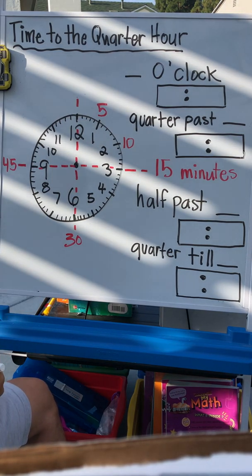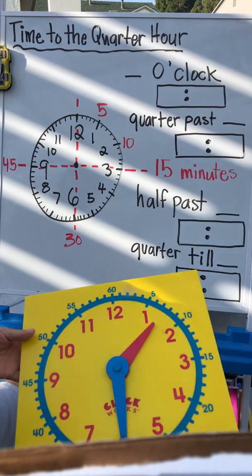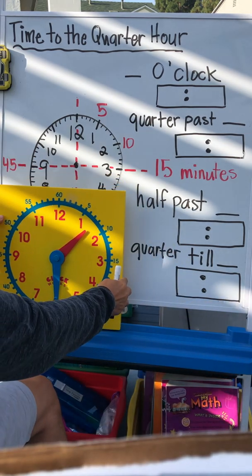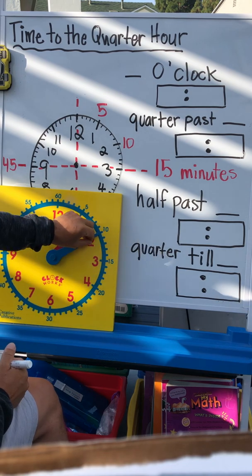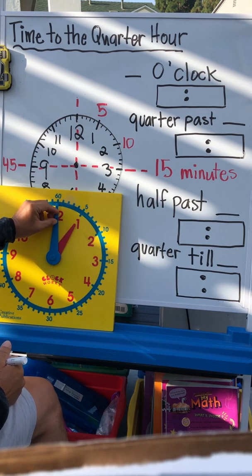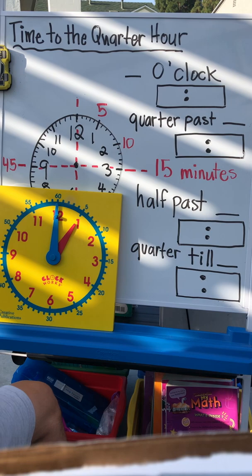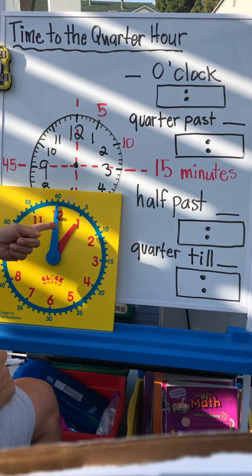So if someone asks you, let's use our clock now. Okay? So let me move my clock to, what time does that say? You're right, that's 1 o'clock. Okay? So right here on my first sentence, I'm just going to write what I see.